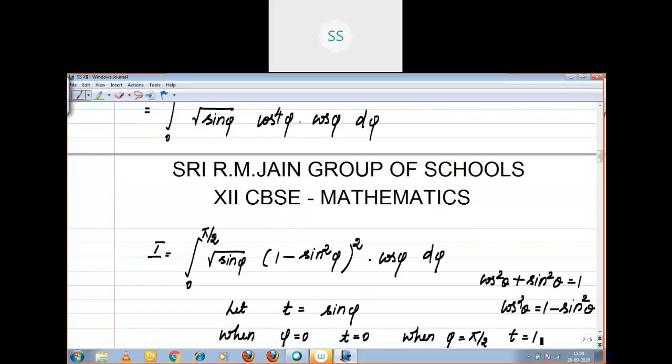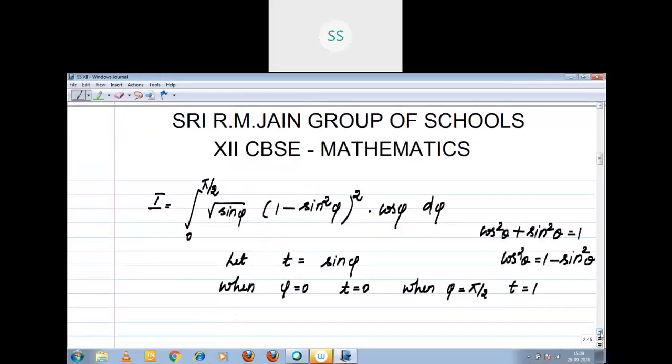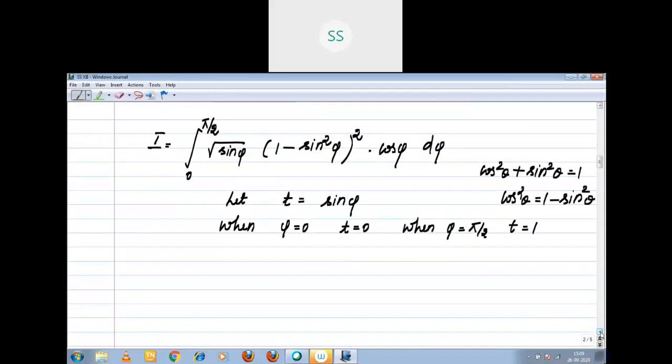Sin 90 degree equal to 1. Now, you want to differentiate. Whenever you adapt substitution, you want to do only the differentiation, right? That you keep it in your mind. So, dt by d phi equal to cos phi. Then, dt equal to cos phi d phi.